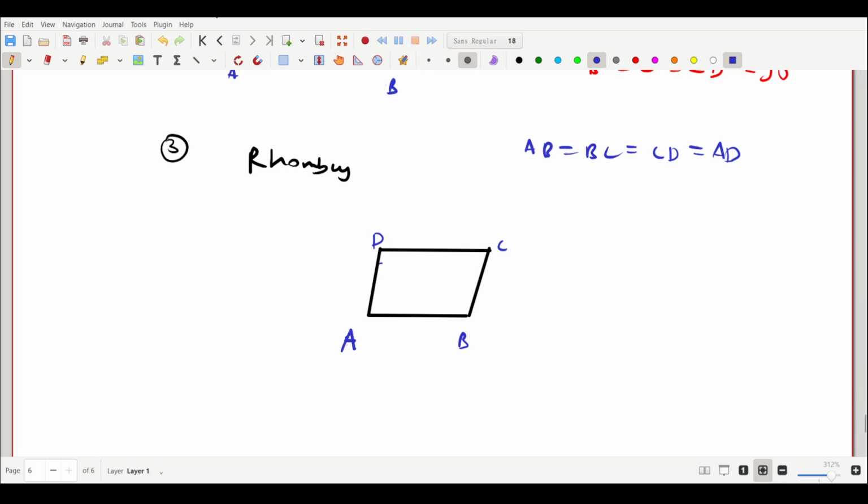Only opposite angles are equal. Angle D equals angle B, but not equal to 90 degrees. In a square, all angles are equal to 90, but in a rhombus, only opposite angles are equal, and not necessarily equal to 90 degrees. They can be equal to 90, but not necessarily. In a square, it is a definite thing that angles will be 90. So in a rhombus only opposites are equal.